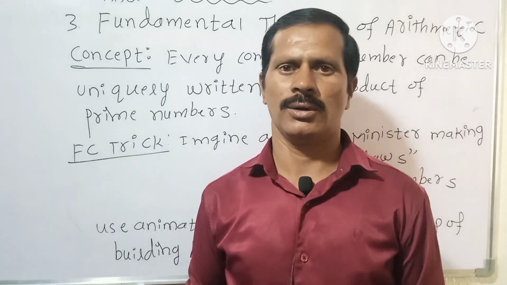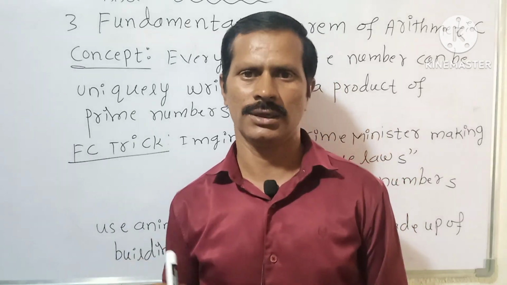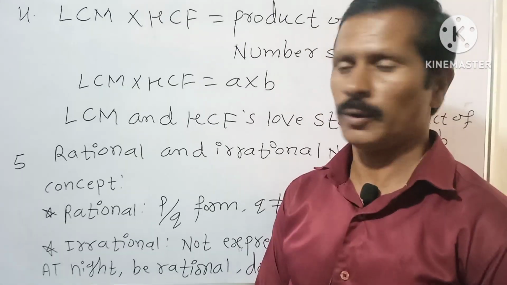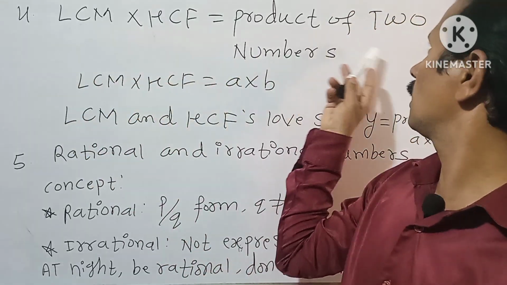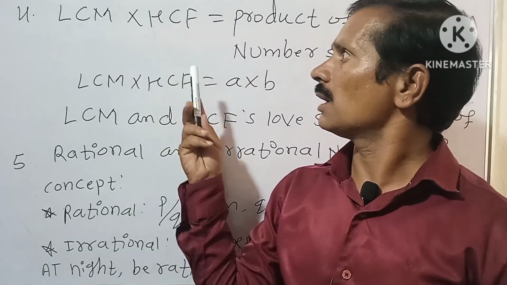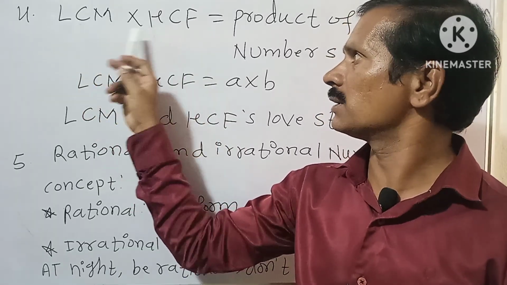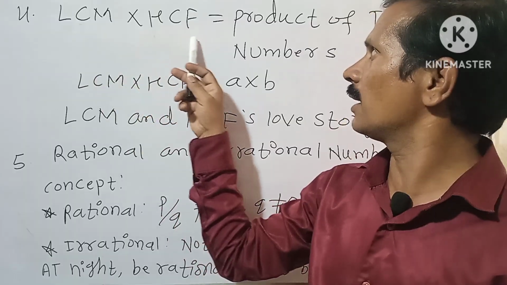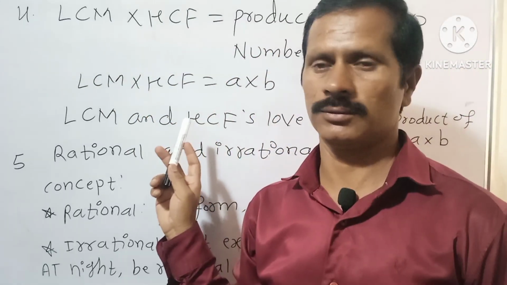We will go to the next concept, the fourth concept. Fourth point: LCM into HCF equals the product of two numbers. In 10th class, the fourth point is very important. Only one formula is there: LCM into HCF equals the product of any two numbers.